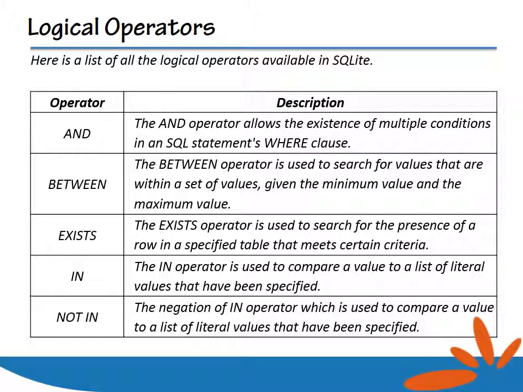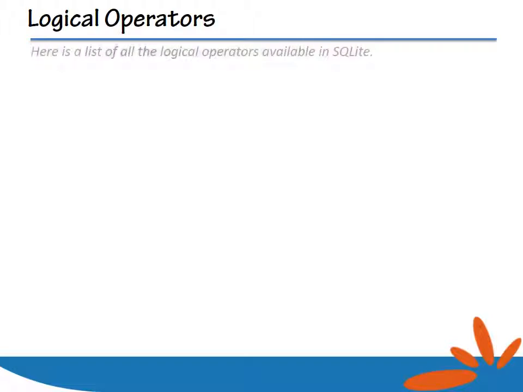The next one is EXISTS. The EXISTS operator is used to search for the presence of a row in a specified table that meets certain criteria. The next one is IN. The IN operator is used to compare a value to a list of values. The next one is NOT IN, the negation of the IN operator, which is used to compare a value to a list of literal values that have been specified.